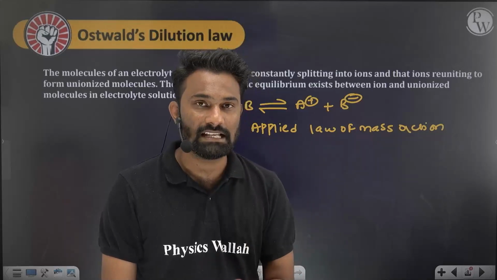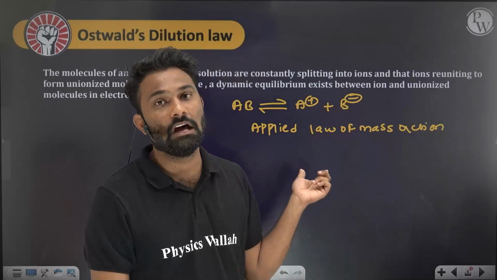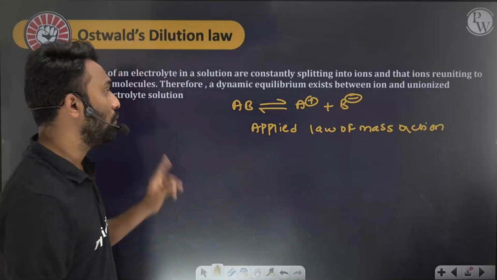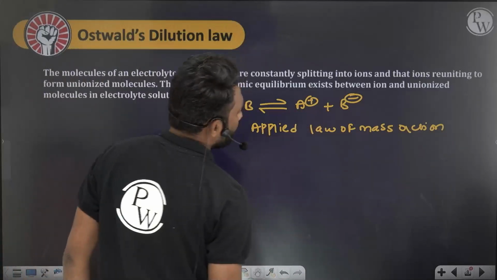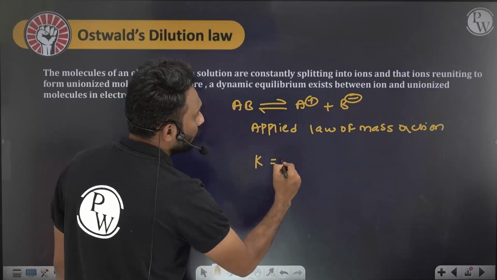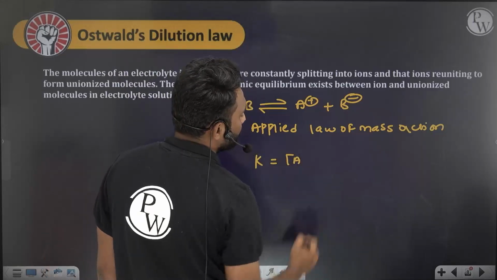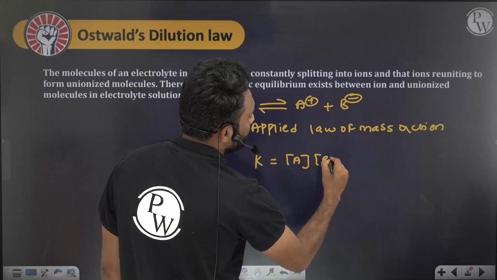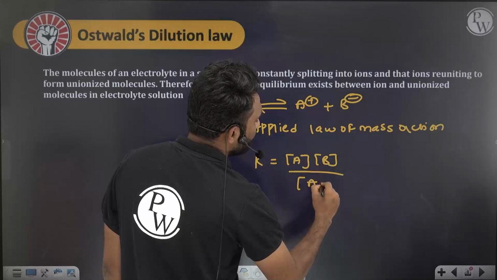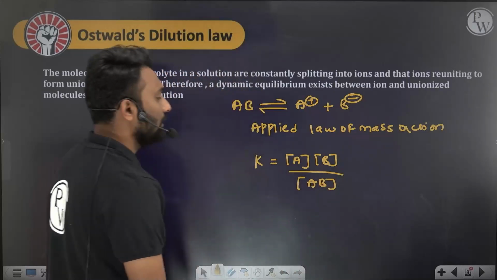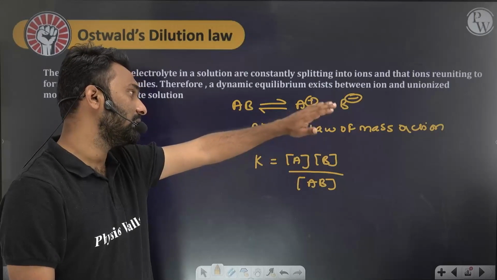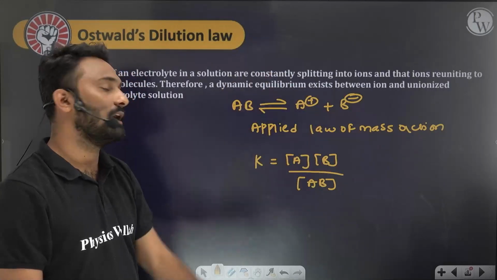If it is in a gaseous phase, it will be expressed in pressure. Now the equilibrium constant for this reaction: K is equal to concentration of A into concentration of B by concentration of AB. This is the law of mass action applied for the above reaction.